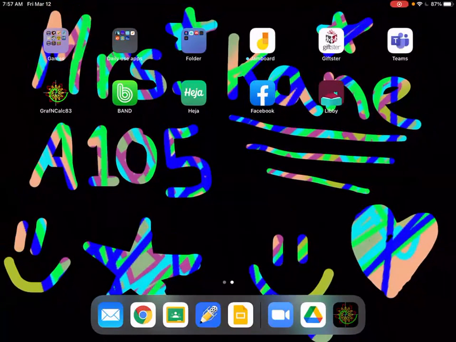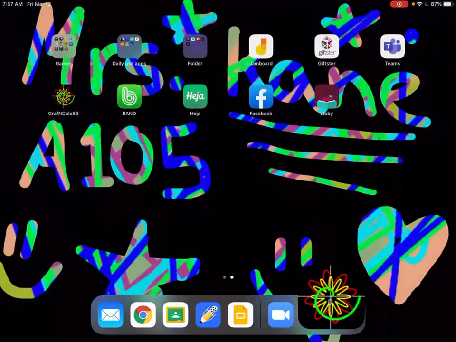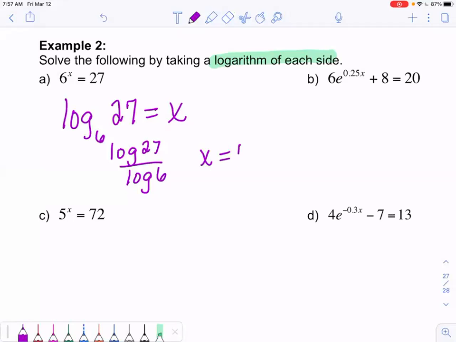Or you can use the calculator's function, enter it into your calculator, and you get 1.839. We'll keep 3 decimal places there. So x is approximately 1.839. So if you can't do anything with it, then you have to change it to log form. There's nothing to do with the exponent.